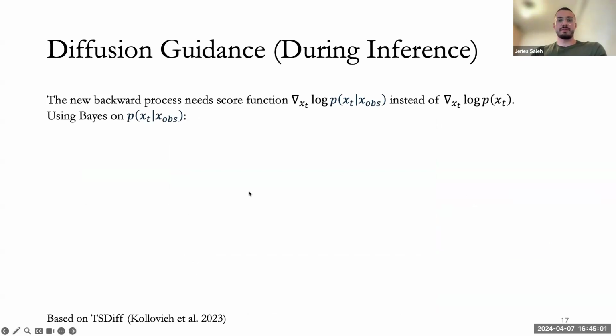what I did here is mostly based on a paper called TSDiff, time series diffusion, by some authors from Amazon. In diffusion guidance, we are looking at a different score function, as we've learned, and we can estimate this score function by using Bayes.